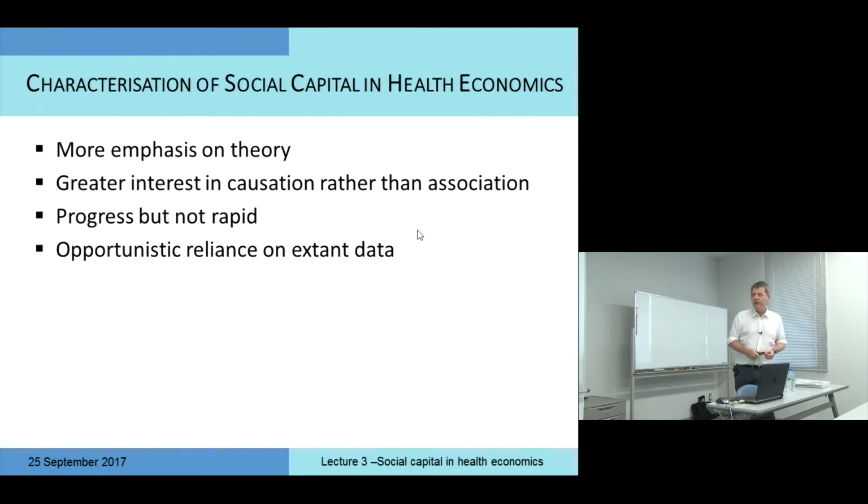I think a feature of the health economics work, and it's probably true of a lot of work on social capital by other disciplines, is a reliance on existing data. So it may be data that was really collected for another purpose, and then you're using that to try and demonstrate the relationships.